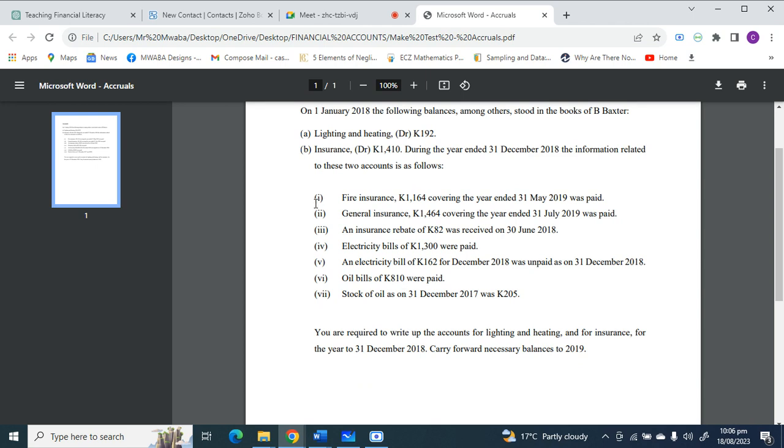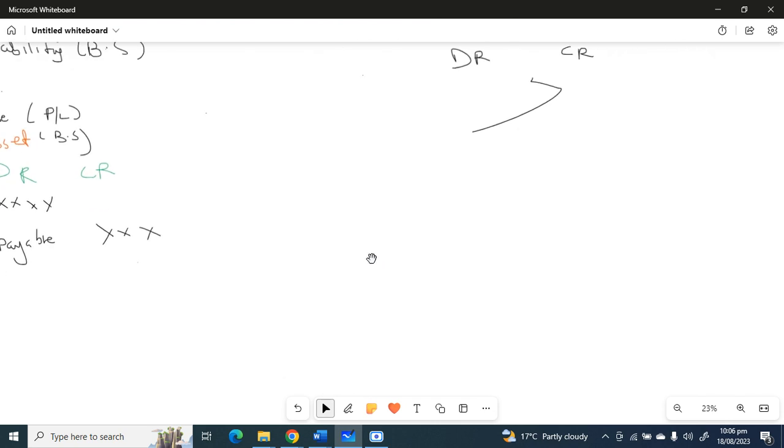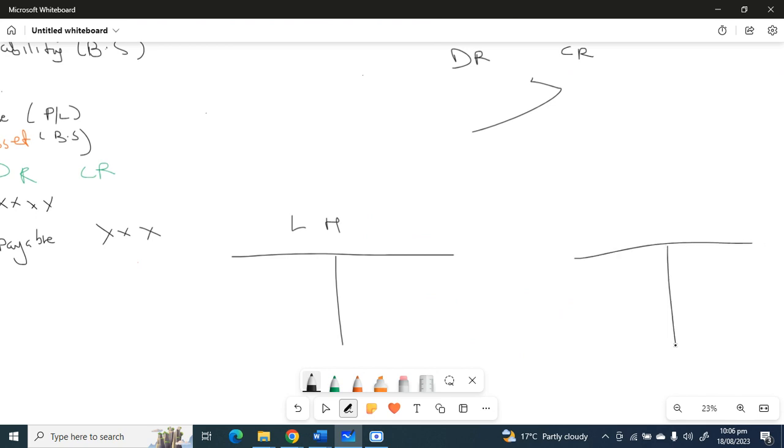So for this one, this is going to the insurance account. All right, so maybe let me even open them up. Lighting and insurance, we put the balances. Both of these are expense accounts. Lighting and heating, LH, and we have insurance.